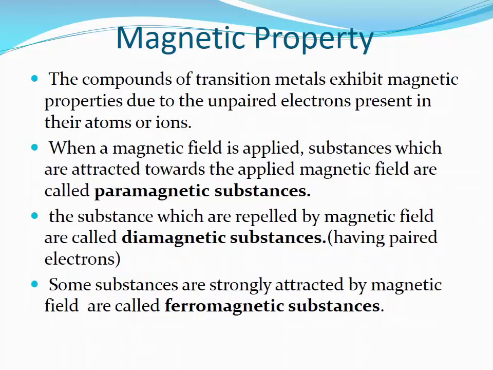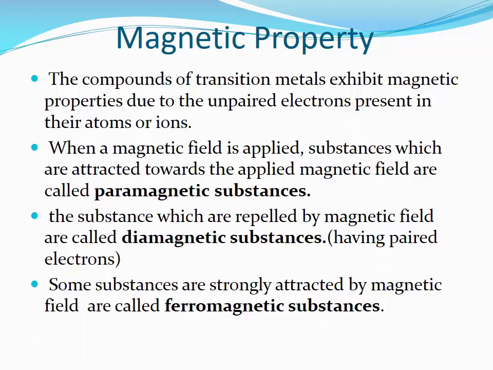Magnetic property. The compounds of transition metals exhibit magnetic properties. This is due to the presence of unpaired electrons in their atoms or ions. There are three types of magnetism: paramagnetism, diamagnetism and ferromagnetism. Now we are going to see paramagnetic substances.